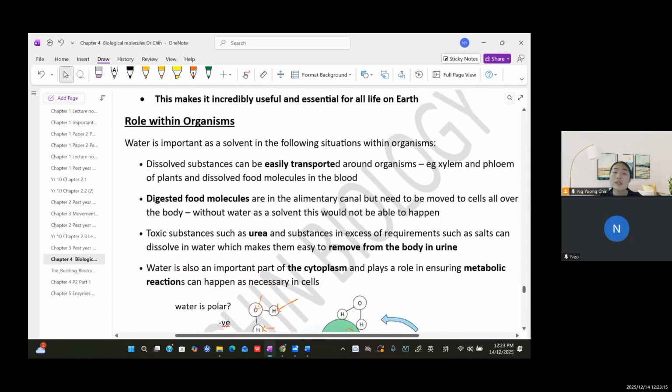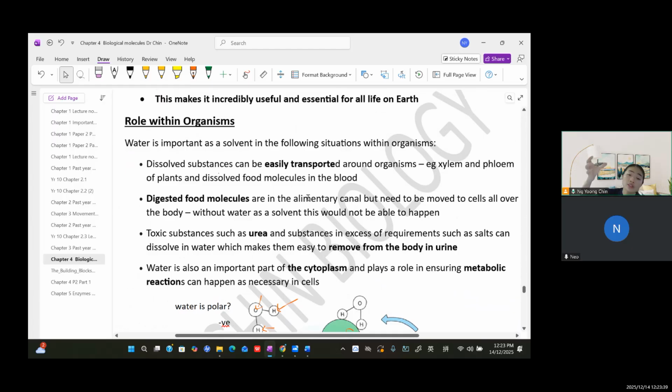That's why water becomes a very important solvent, because it can dissolve a lot of different substances, as it is polar. It has a charge, so substances can be easily transported around the organisms. The digested foods in the alimentary canal, which is your intestine tract, need to be moved to the cells all over the body.